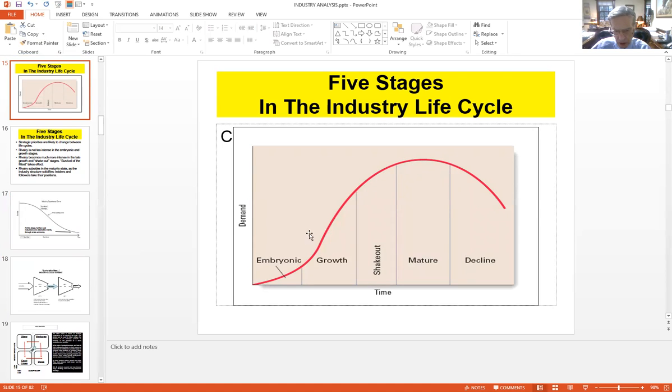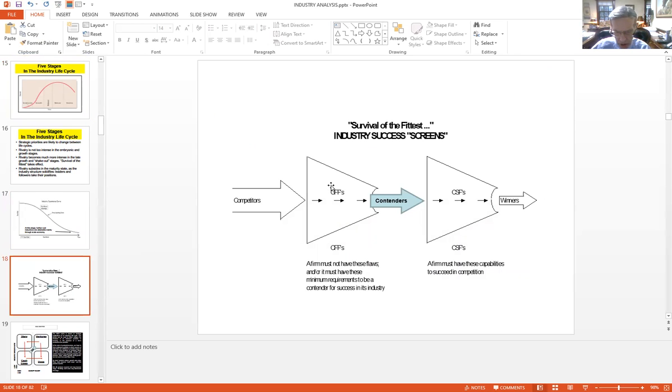The question is, how do you get to that point in the first place? And the answer is that there are critical failure factors. They could be flaws. They could be technology that doesn't keep up with state of the art. It simply could be certain functional operating capabilities that the more successful firms have learned how to do.